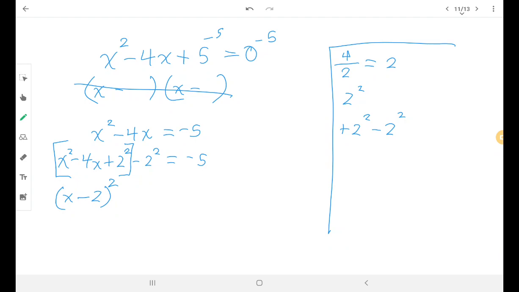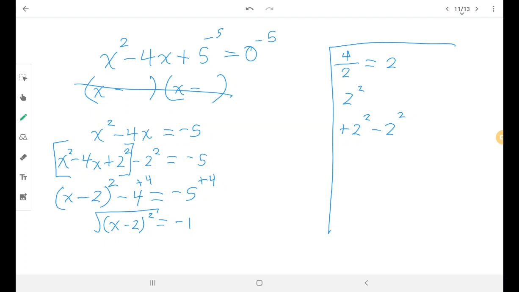Now, the reason that works is because if you took this and squared it, that is, if you did x minus 2 times x minus 2 again, you'd get that thing in brackets. Okay? Then minus 2 squared, which we'll call minus 4, because 2 squared equals 4, equals -5, and then it's a problem that we can do. I can add 4 to both sides and have x minus 2 squared equals -1.